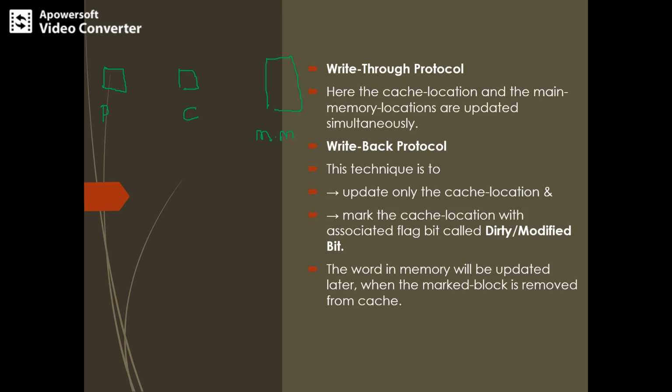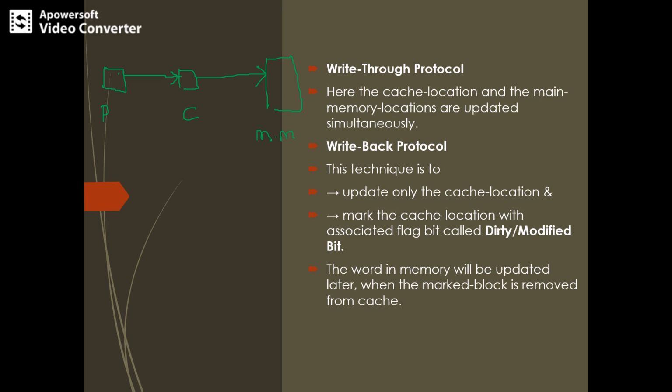Whenever any update comes to the cache, the processor will write the information into the cache. In the case of write through protocol, the cache locations as well as the main memory locations will be updated parallelly.